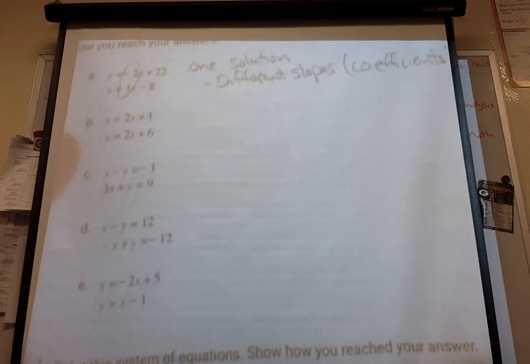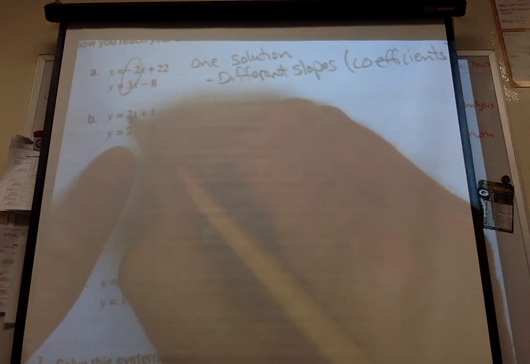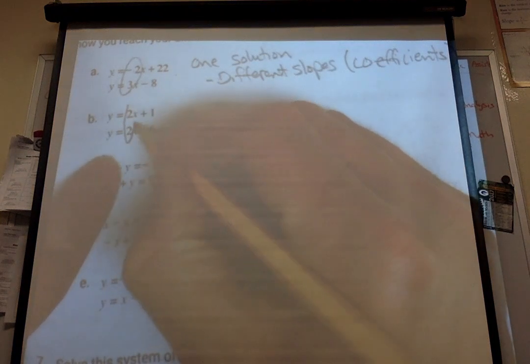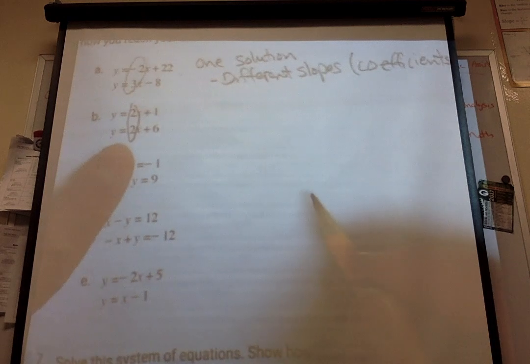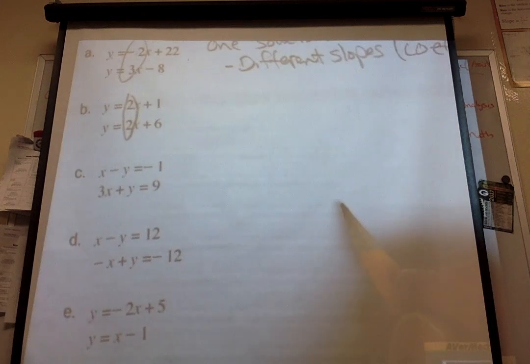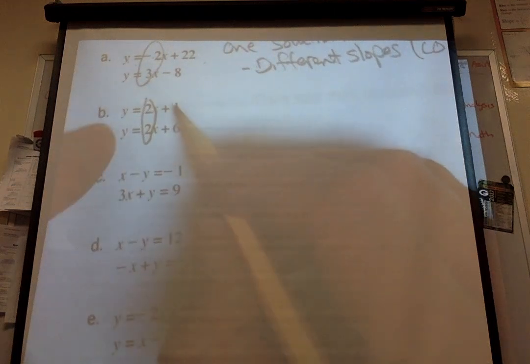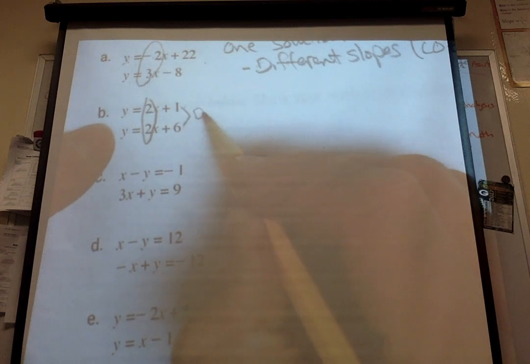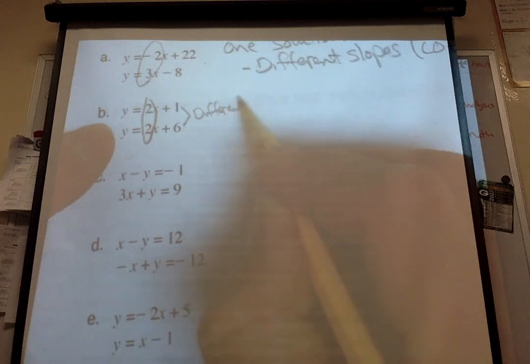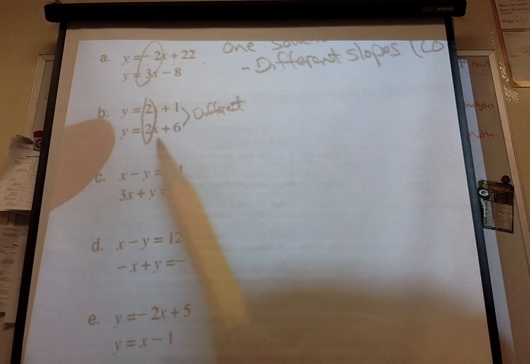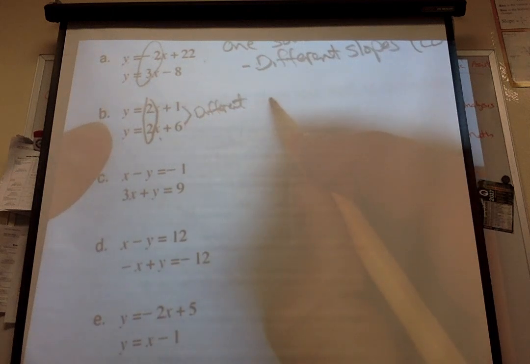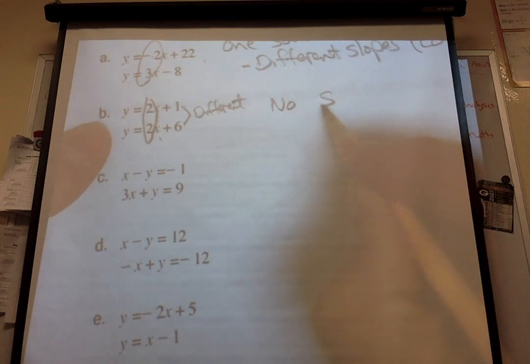Okay, moving on to B. All right, this one. We look at our coefficients. They're both 2. They're the same. So then, if we have the same, we look at our back number, our b. If they're identical, which they're not in this case, these are different. That means these two lines are going to be parallel. So you could say no solution.